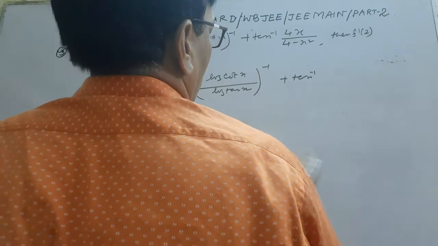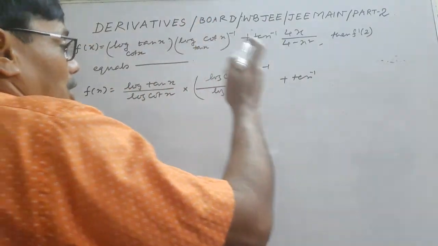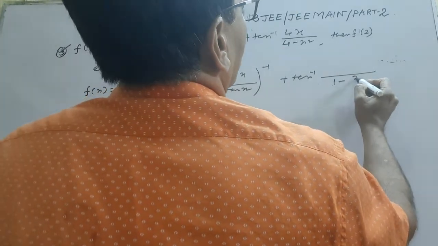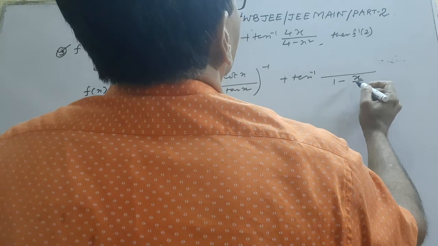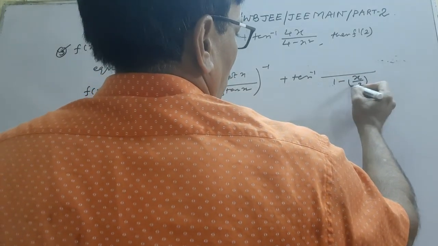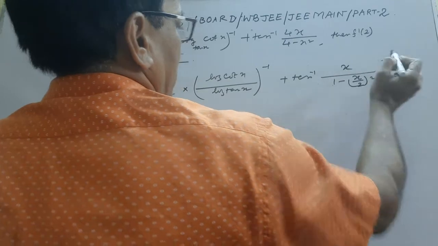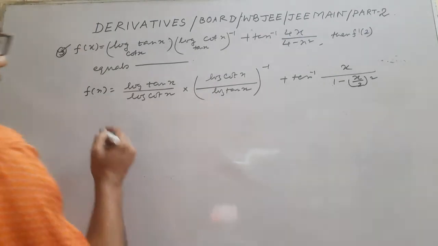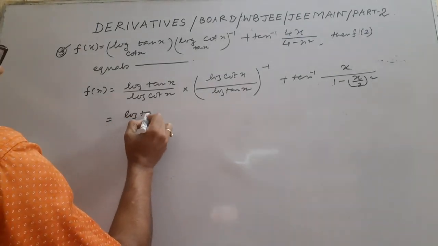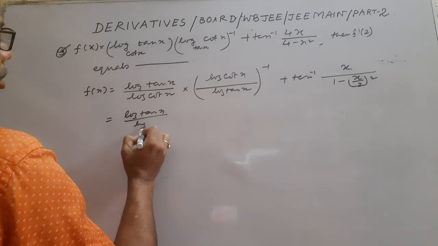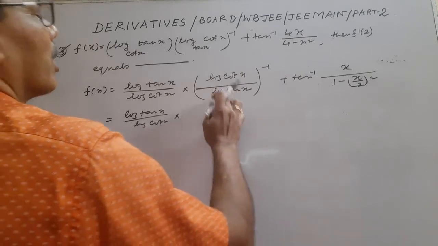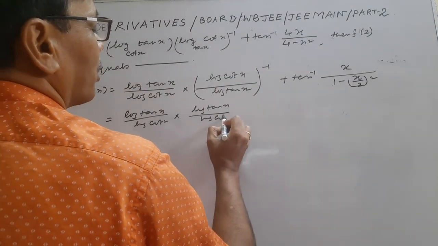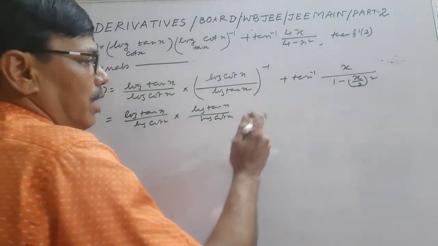This is tan inverse. So, look, this is given in compact form. Divide by 4: 1 minus (x by 2) whole square. To make it 1, divide by 4. Now, log tan x, log cot x, and tan x will be at the numerator, and the inverse gives 1 by a.